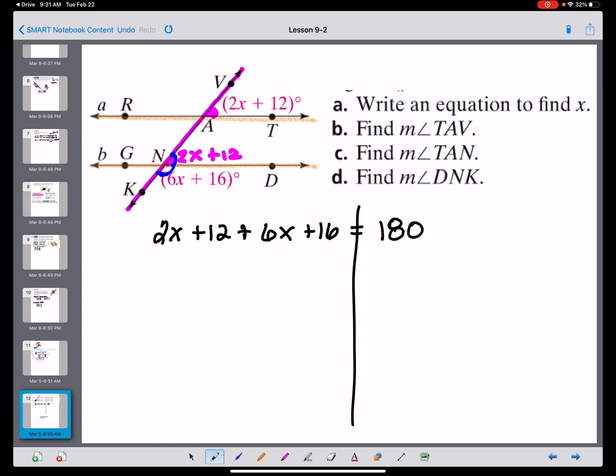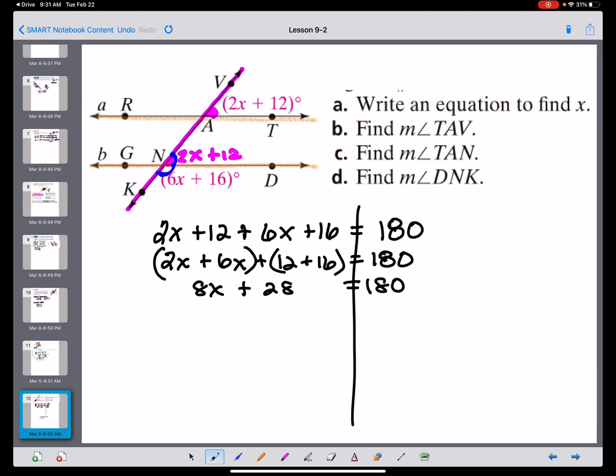Now I can solve this algebraic equation. The first thing I'm going to do is combine my like terms. I'm going to use the commutative property to rearrange the numbers so I can put my like terms next to each other. 2x plus 6x is 8x. 12 plus 16 is 28.